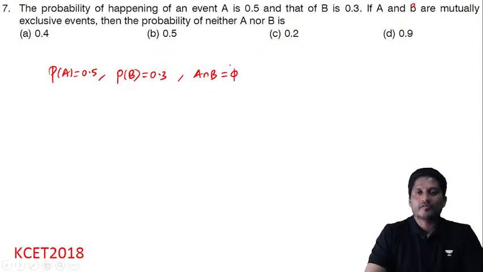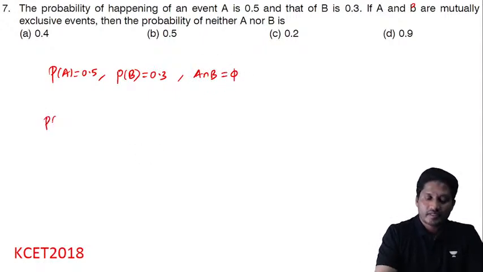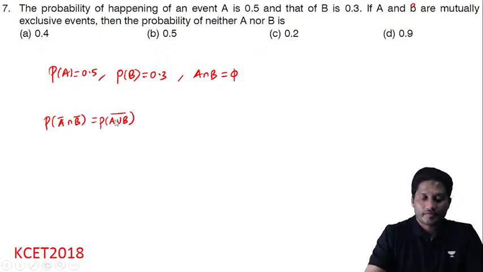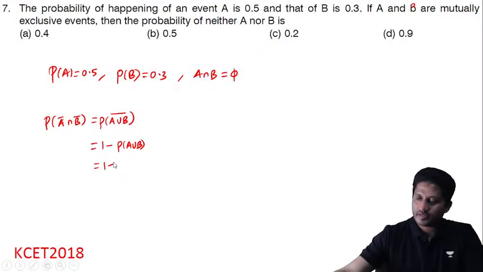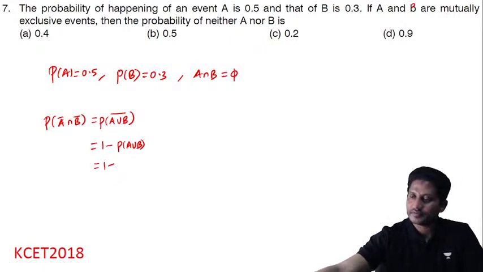Then what is the probability of neither A nor B? Neither A nor B, A bar intersection B bar is same as A union B whole bar. P of A union B bar is 1 minus P of A union B, which is equal to 1 minus of P of A plus P of B.